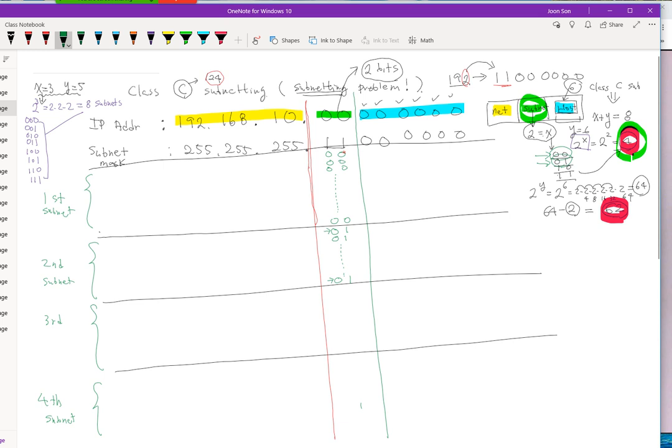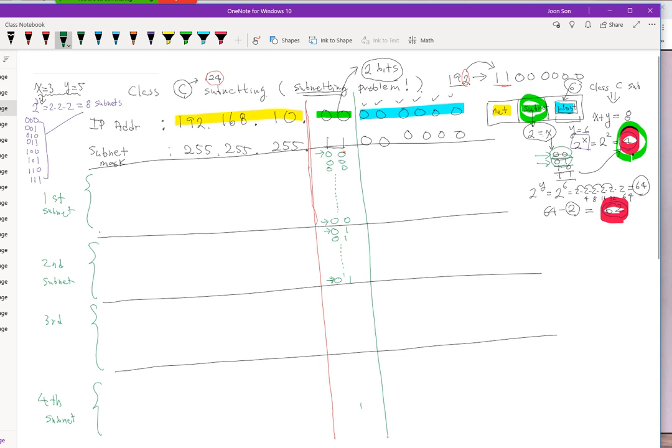It's 64 apples. The first apple in the basket is used for the network address, and the last apple in the basket is used for the broadcast address.